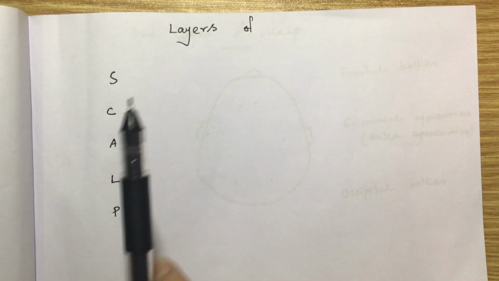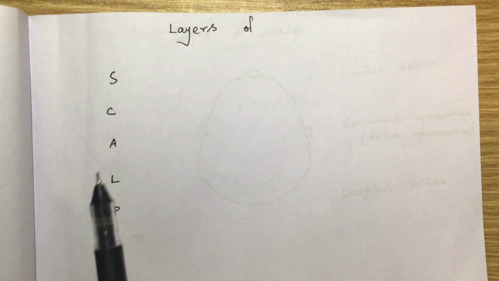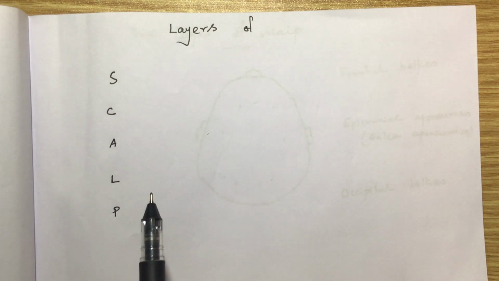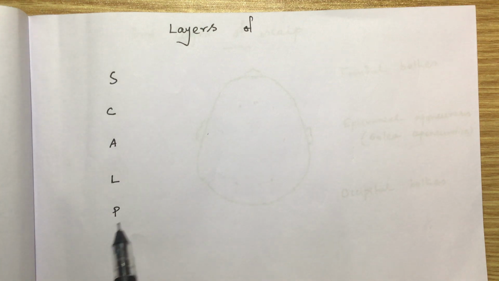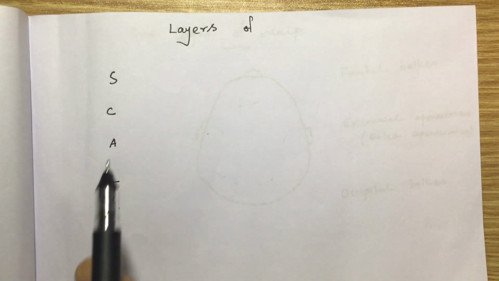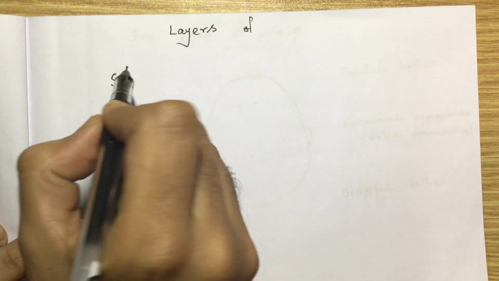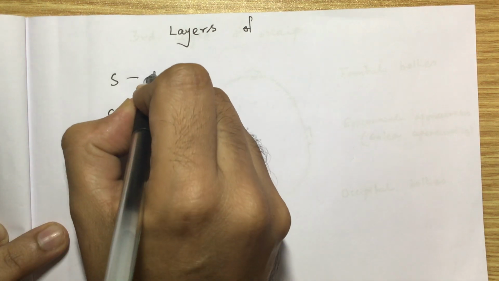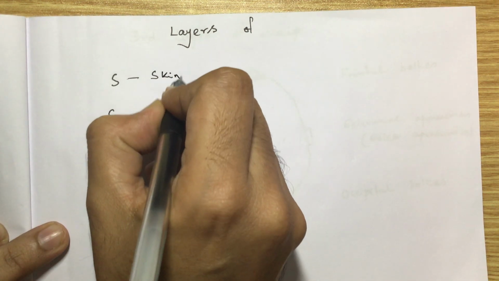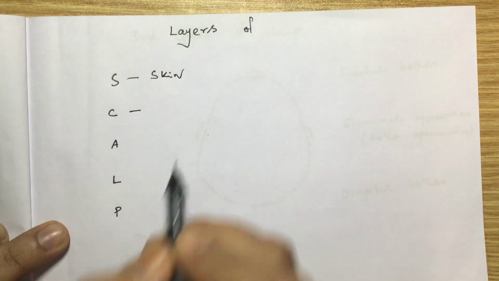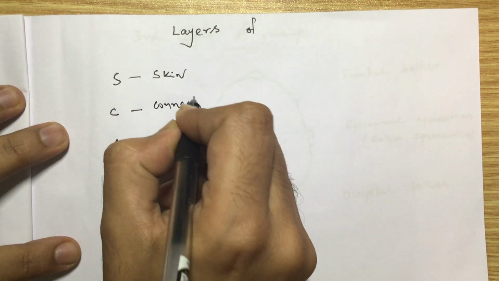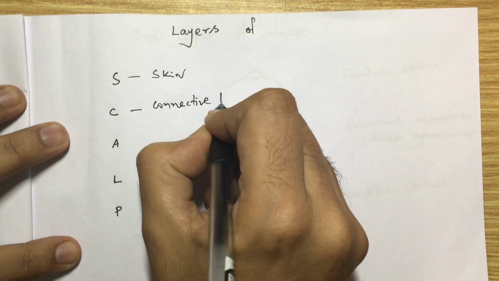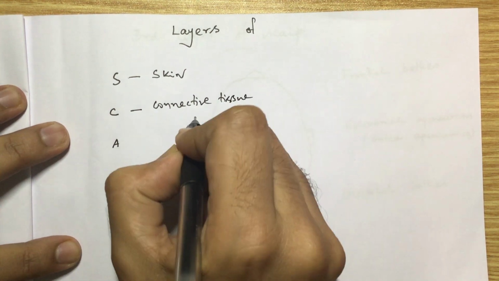Now, layers of scalp can be easily remembered by the letters of the word scalp. First is the S, that is skin. C, it is the connective tissue layer.